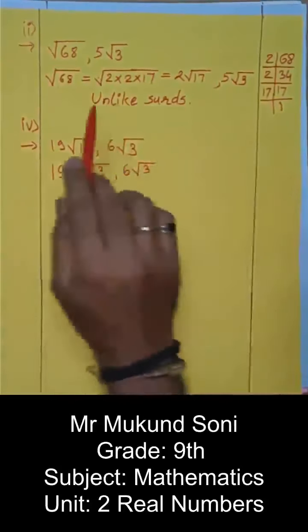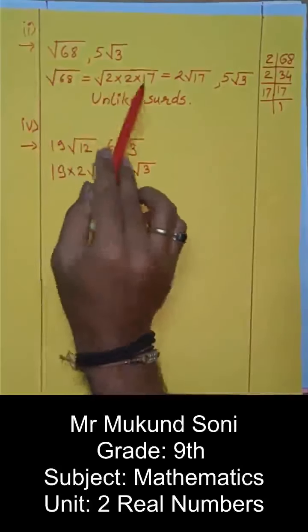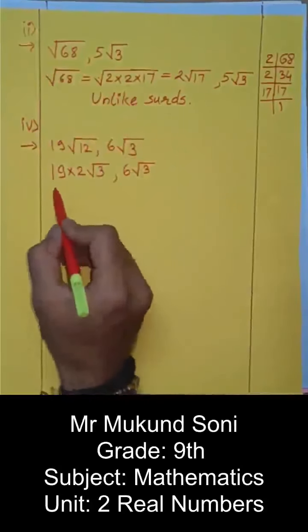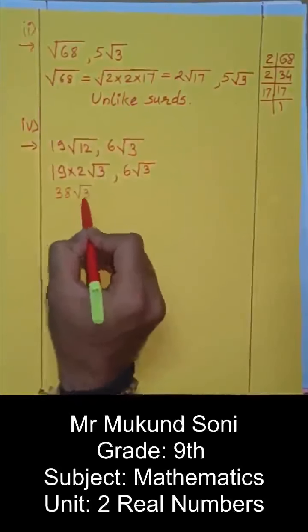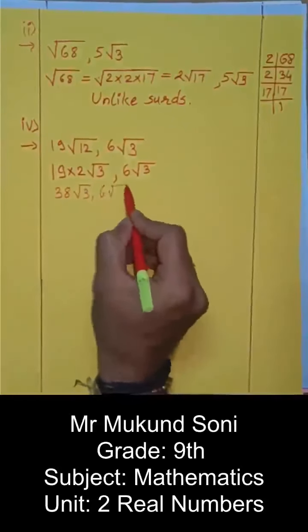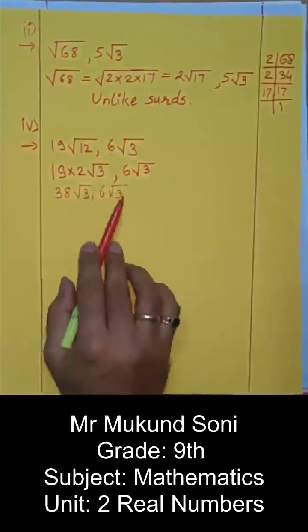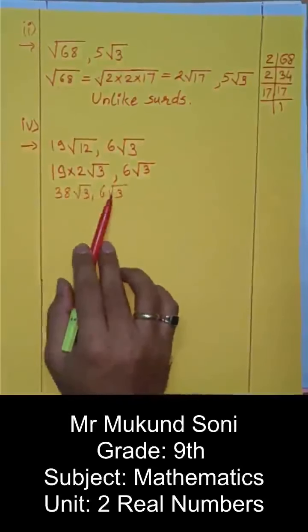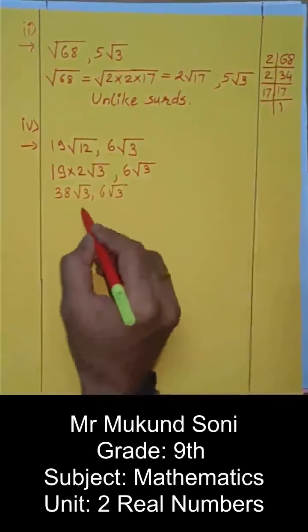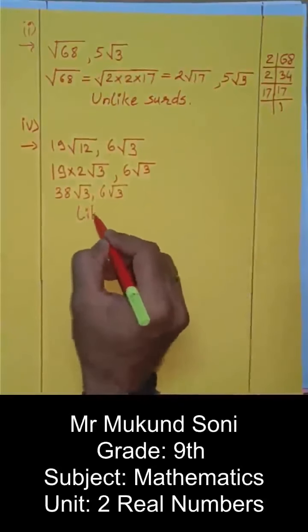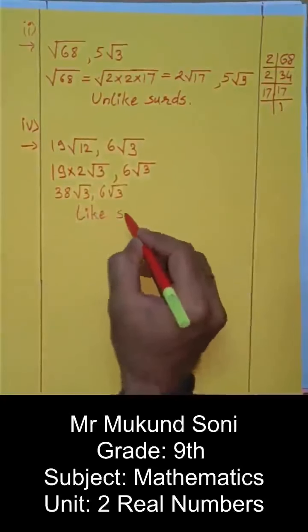You can go by prime factorization, that's what we did earlier. Same way you will do here. Then it becomes 38 root 3 and 6 root 3. As the radicand and the surds both are matching, that is order of the surd and radicand, hence it is called like surds.